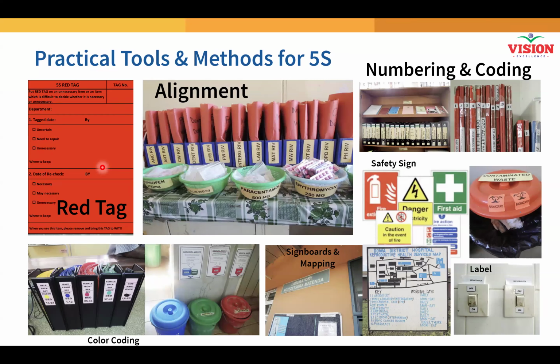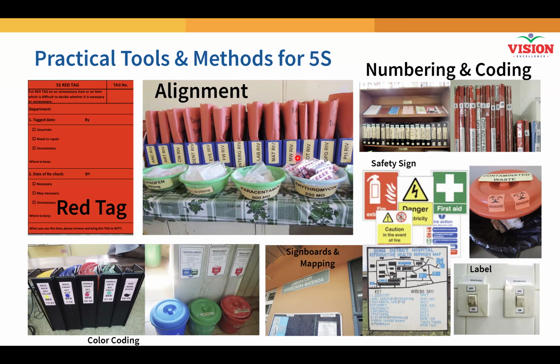The red tagging will be helpful during the Sort phase. And then standardizing, alignment, numbering and coding, using safety symbols and labeling. And see here, color coding is used to differentiate even things and signboards.